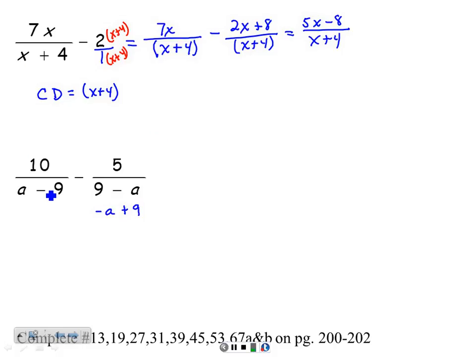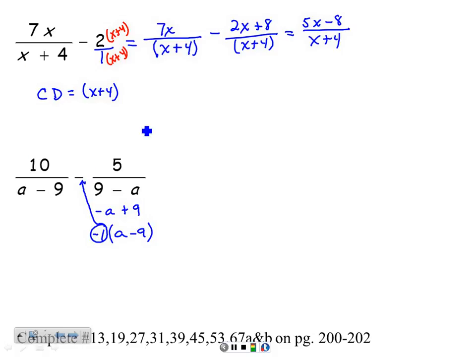And you notice that it's almost like this one, except there's just a negative, or the signs are different. To fix that, we're going to factor out a negative 1. And then what I'm going to do is I'm going to take this negative 1 and I'm going to multiply it times this negative, because this is understood to be, or could be understood to be, a negative 1 there as well.